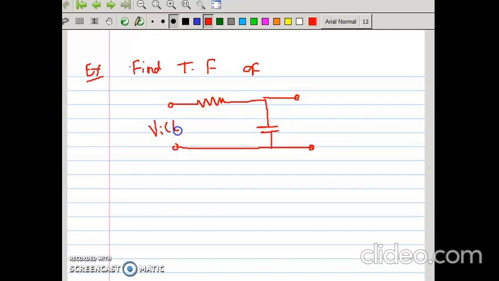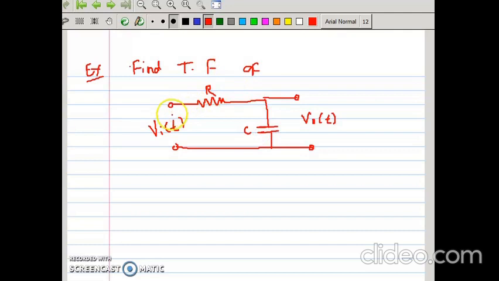This is V of t, right? This is VO of t. This is the R and this is the C. Let's start. See, this is the R and this is the C, right?